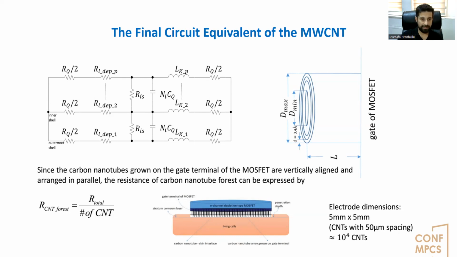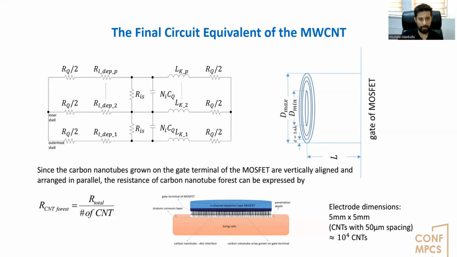Based on the analysis that we talked about up to now, the circuit equivalent of a shell is composed of quantum resistance, length-dependent resistance, and kinetic inductance connected in series. In this manner, the circuit equivalent of multi-wall carbon nanotube is composed of circuit equivalents of all the concentric shells in parallel, as shown here.